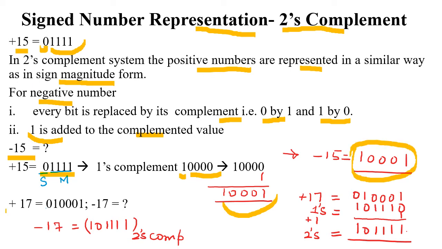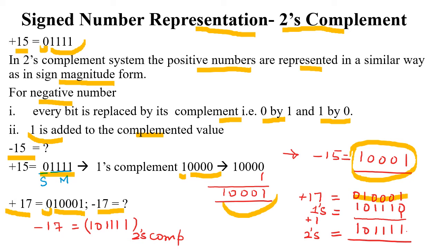Now let us take another example, plus 17. Plus 17 is 0, this sign bit, and the remaining magnitude 10001. Now what is the value of minus 17? For minus 17, you write first plus 17, that is 010001.